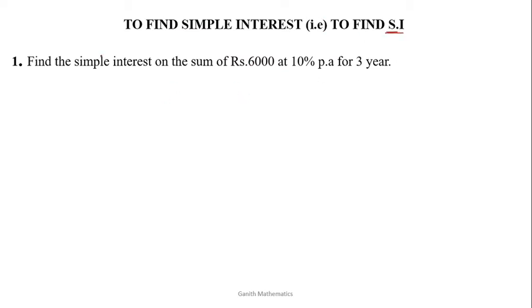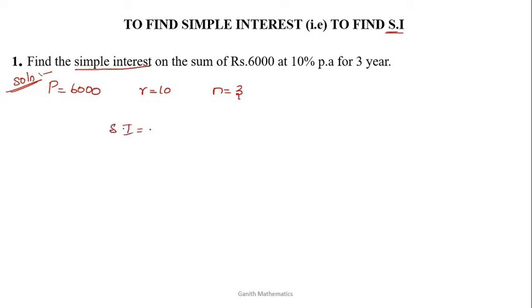Find the simple interest on the sum of rupees 6,000 at 10% per annum for 3 years. I'm going to convert this sentence into equations. Solution. What is the principal amount? The principal amount is 6,000, rate of interest R is 10% and N is 3 years. I'm going to calculate the simple interest.